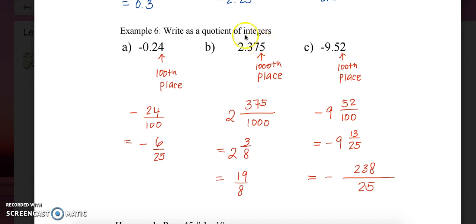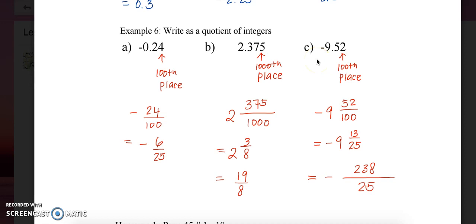However, because the question says write as a quotient of integers, it doesn't say write as a fraction. So in order to write this as a quotient of integers, we really mean write it as an improper fraction. So you have to convert the mixed fraction into an improper one. So 2 times 8 is 16, plus 3, that's 19, 19 over 8.